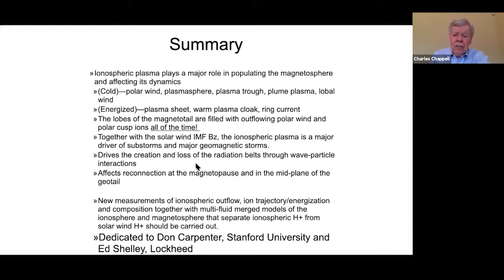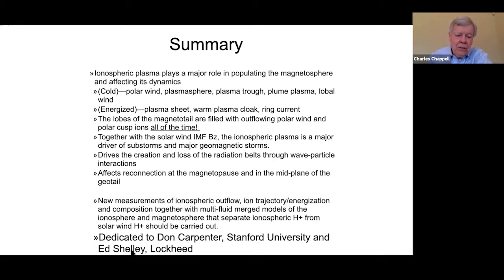This is a summary, which I won't go through, but it's basically what we talked about. I wanted to dedicate this talk to Don Carpenter at Stanford and Ed Shelley at Lockheed, both of whom unfortunately aren't with us anymore, but I had the privilege of working with Don when I went to Lockheed in Palo Alto and studied the plasmasphere together with the man after whom the Carpenter knee is named, the first person to see ionospheric plasma in the magnetosphere.